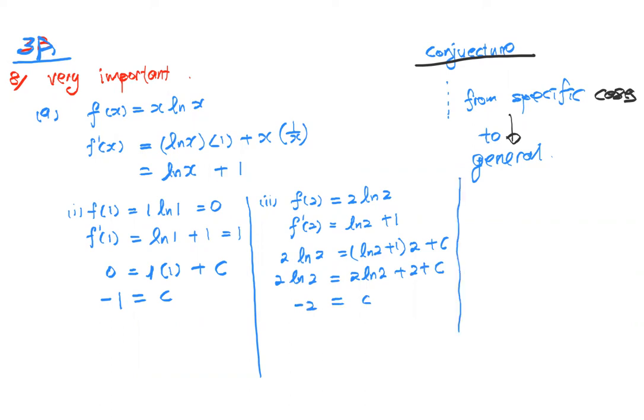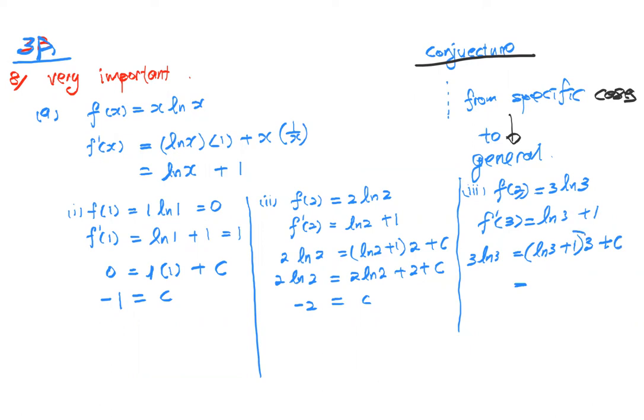So do the same thing for part 3. Just repeat the steps. If you expand this, you get your c equal to -3.